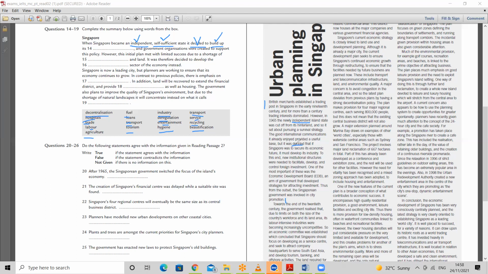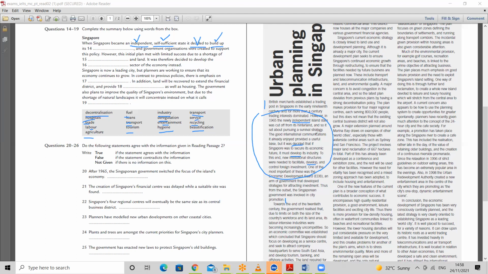Okay. Wow. Okay. Now, if I just continue further, it says like develop one more time. Okay, it's right here, and develop is right here as well. Now, which means that I'm going to read only this part of the text to decide my answer. Now, let's read the part of the text. However, in 1965, the newly independent state was cut off from its hinterland, and so it set about pursuing a survival strategy.